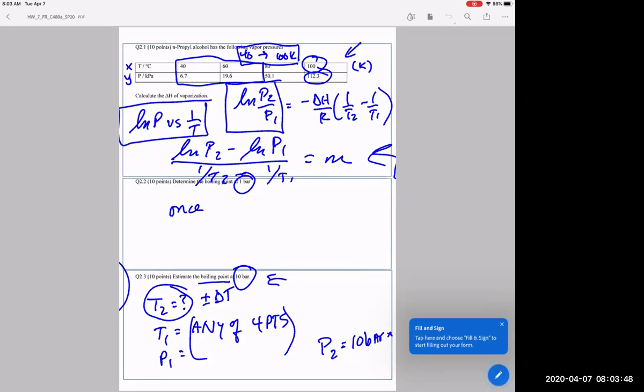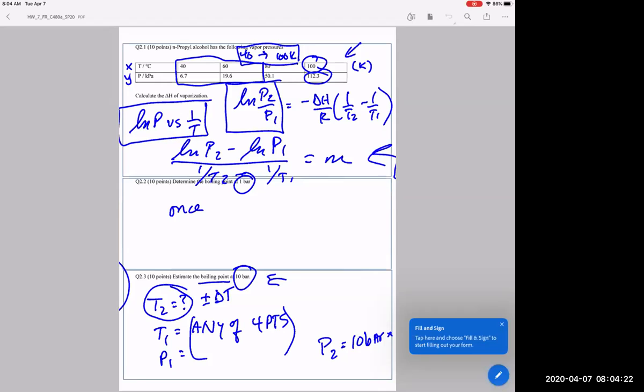Oh, I see. Okay. Usually there are two aspects of this problem. One is interpolation, the other is extrapolation. Interpolation is 2.2, where you have data that exceeds the 101 kilopascals point, so you should use the point closest to it, let's say the 100 degrees Celsius point, to calculate the new boiling point.